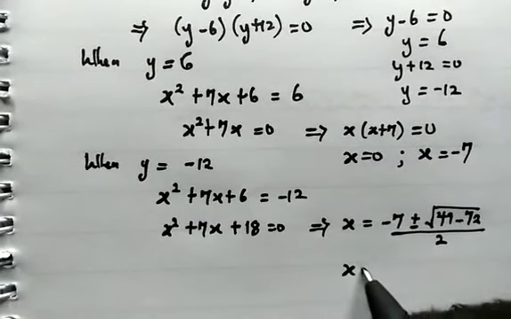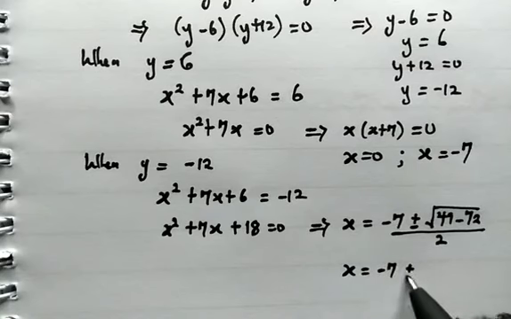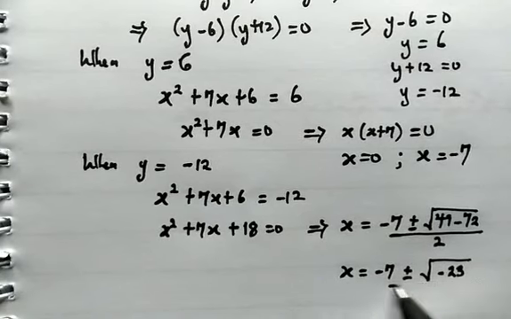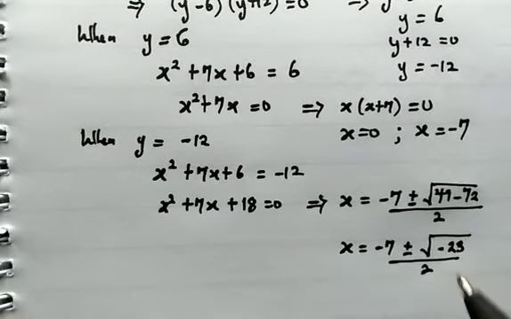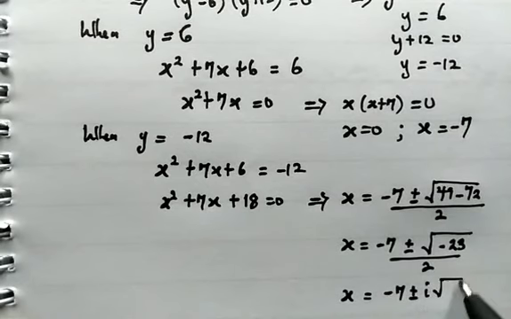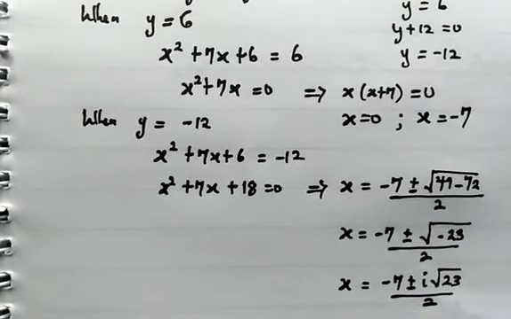So here x is equal to negative 7 plus or minus the square root of negative 23, divided by 2. You know the square root of negative 1 is i. So here x is equal to negative 7 plus or minus i root 23 over 2. And here we have the solution.